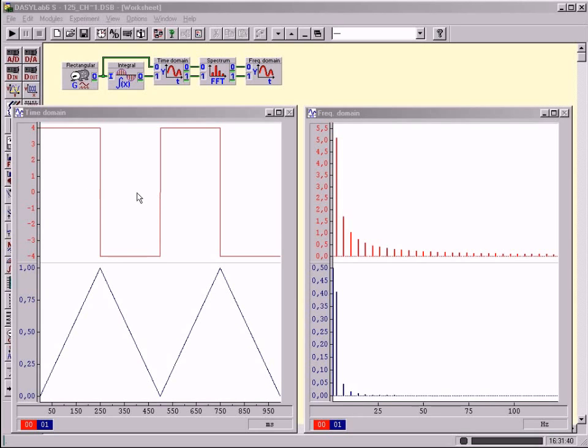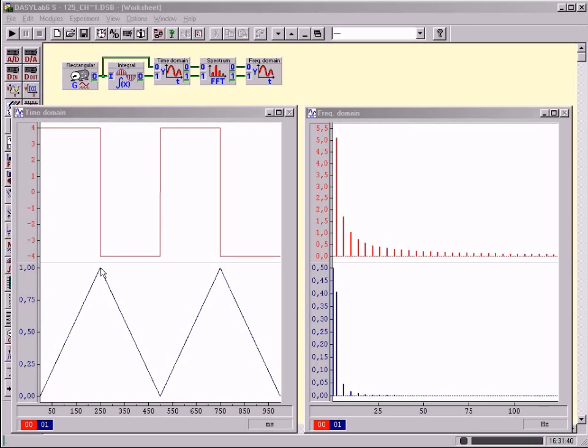The area of the first rectangular signal is 4 volts times 250 milliseconds equals 1 volt second. And it is precisely this value that the integration curve gives after 250 milliseconds.